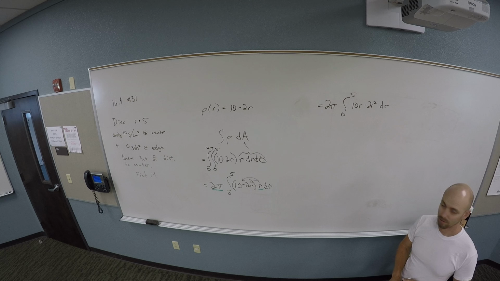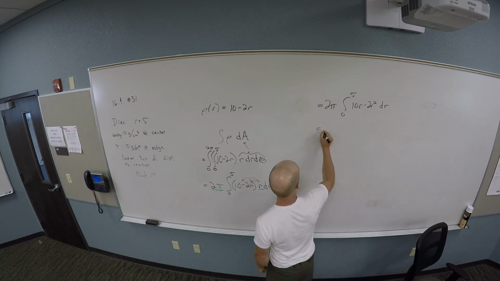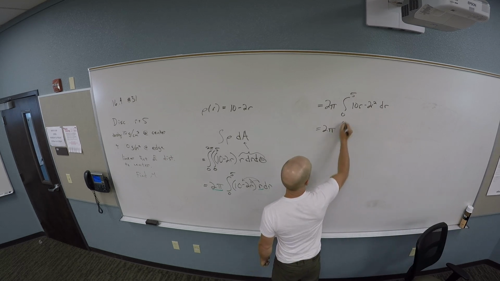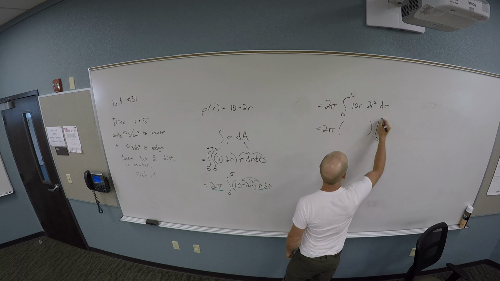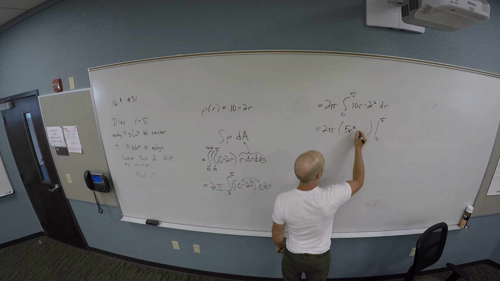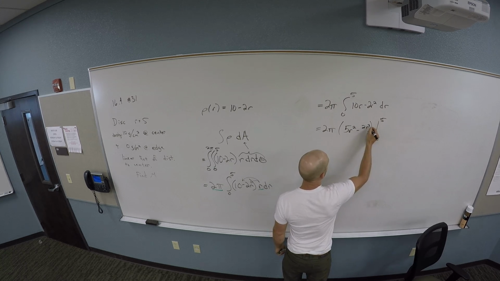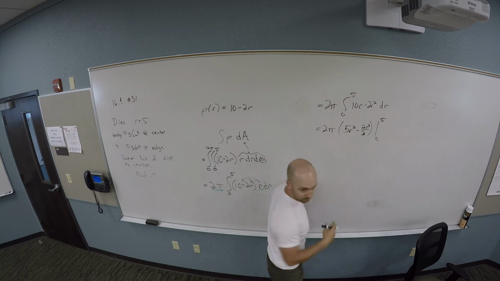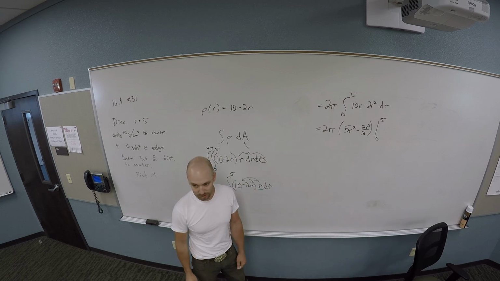Integrate the bits. Okay, so I got 2 pi times what evaluated from 0 to 5? 5r squared minus 2r cubed over 3, or some equivalent, right?